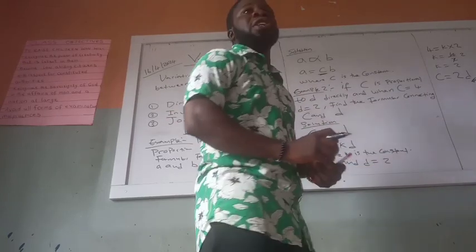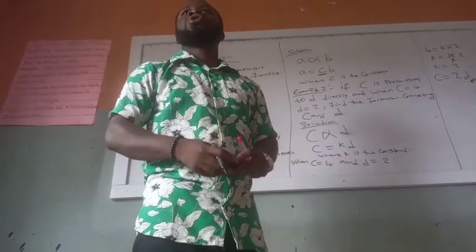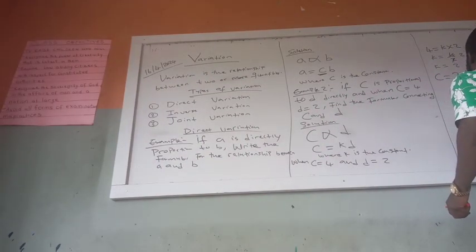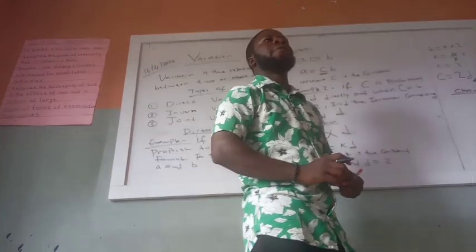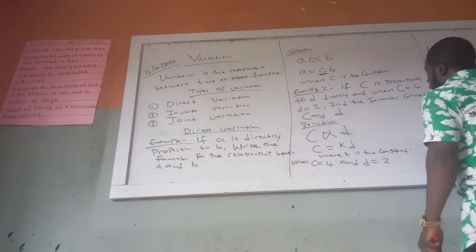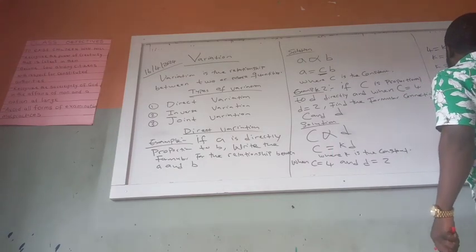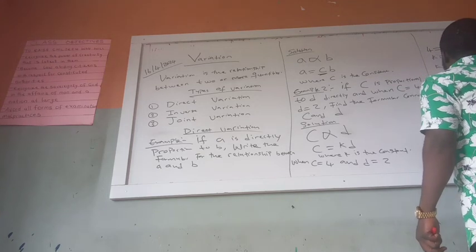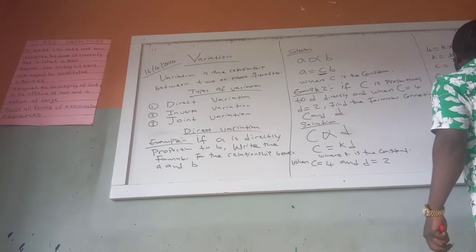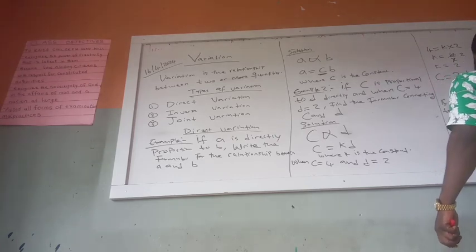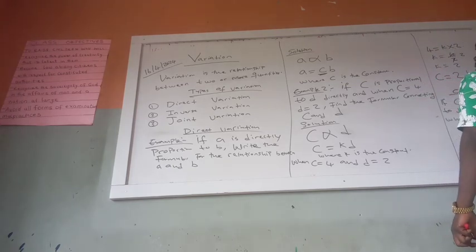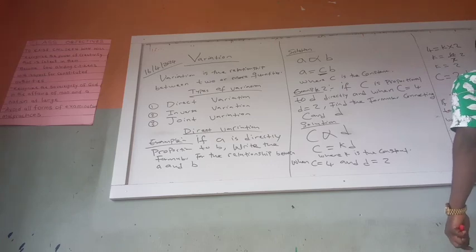Alright, this same question, I will redraft it and I want you guys to solve it and give me the answer. Now, here is a classwork. That's how I do my thing, just to confirm if you are with me or not, and I will give the solution as well. We have if C is proportional to D directly, and when C equals 40, D is equal to 7.